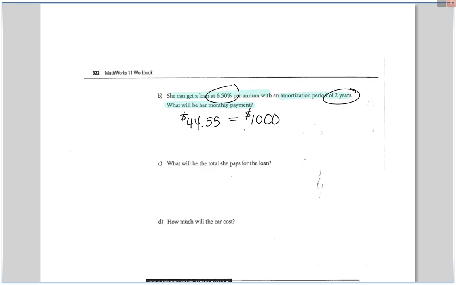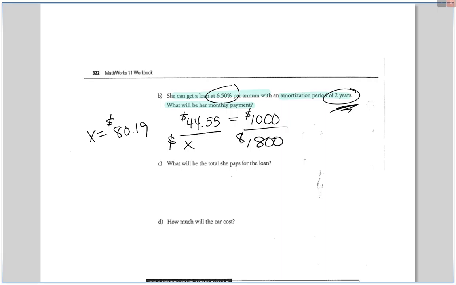We said on the previous page she needs to borrow $1,800. So X, the monthly payment: $44.55 times $1,800 divided by 1,000 gives you $80.19. This is the monthly payment she'll have for the 2 years.